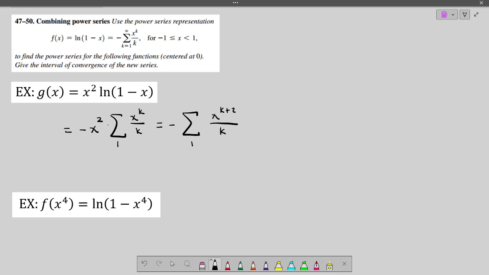And when you multiply by a power of x, the interval of convergence does not change. And you can write your interval of convergence that way. If you wanted to, you could write it this way. Doesn't really matter. Either way. So when you multiply by a power of x, it does not change the interval of convergence. There's no weirdness, just same interval.